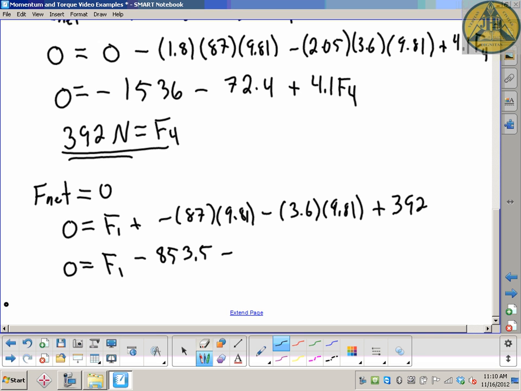Another one, 3.6 times 9.81. Can't work the calculator today. There we go. 35.3 plus 392. So, rearranging, solving for F1, careful with the numbers. We get 497.